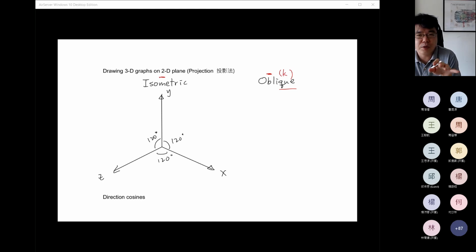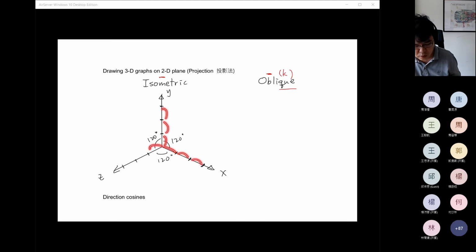Of course, if you want to draw it beautifully and you take some time, you can find another piece of paper and do a rough sketch first. Then for each unit, the distance is the same for all axes.